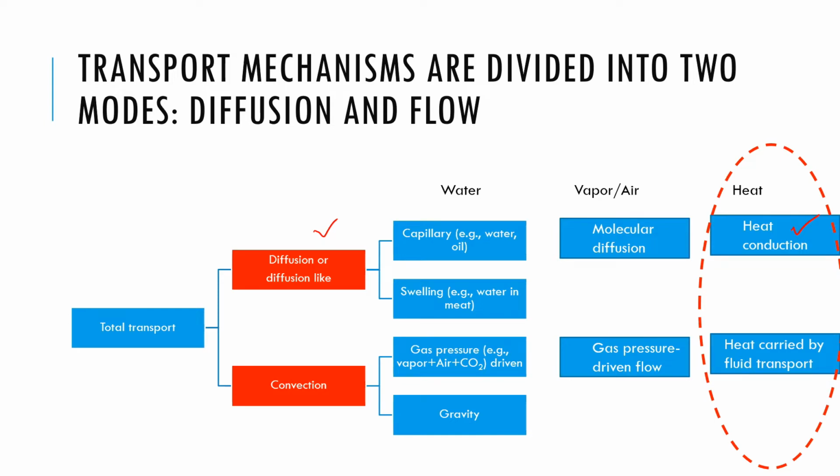So movement would be the heat carried by the fluid transport. Now remember, the transport of fluid involves both diffusive type movement and also flow of the fluid. Both are included in transport.